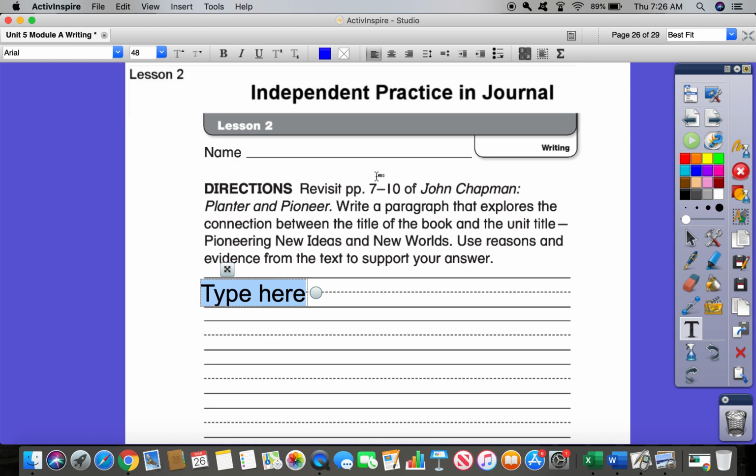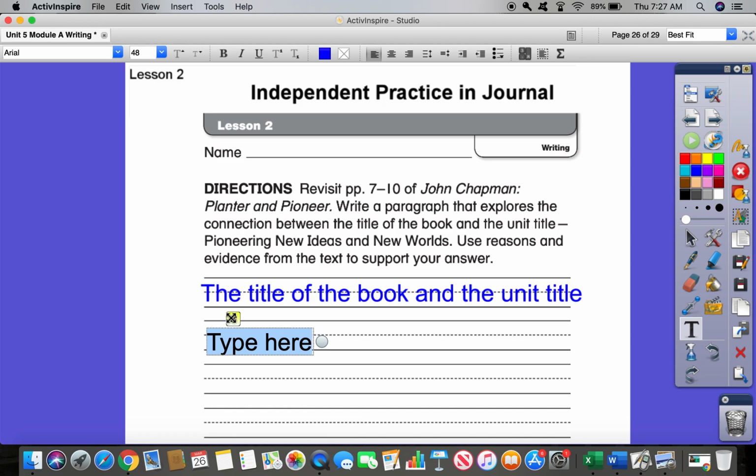So you might say, the title of the book and the unit title are connected because, and then I want you to fill in the rest and tell me why you think the title John Chapman, Planter and Pioneer is connected to the unit title Pioneering New Ideas and New Worlds.